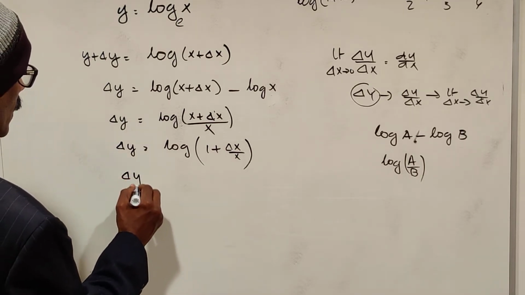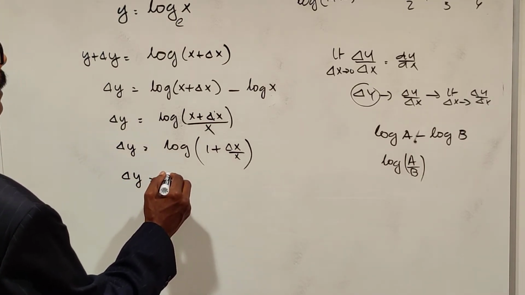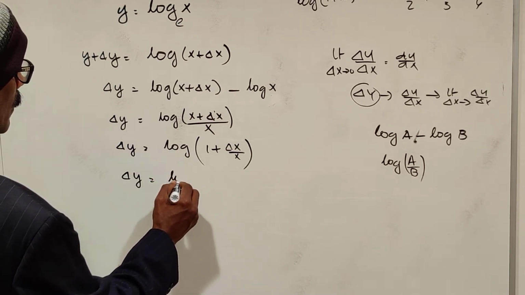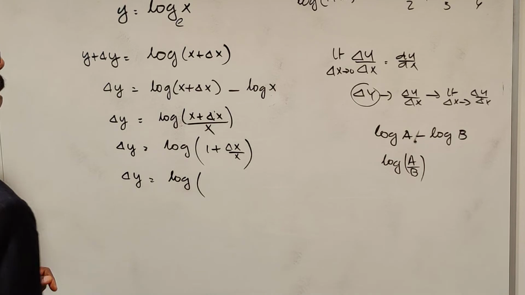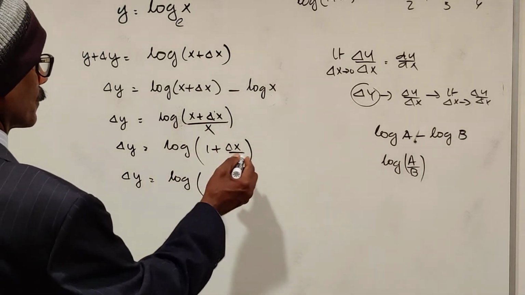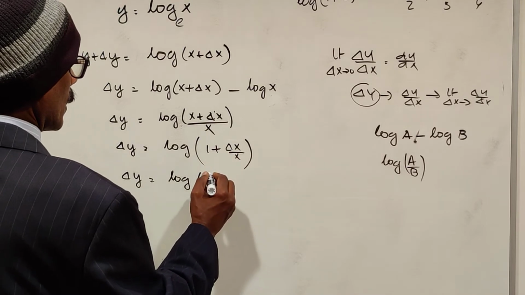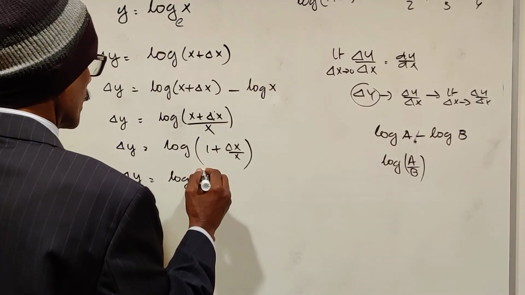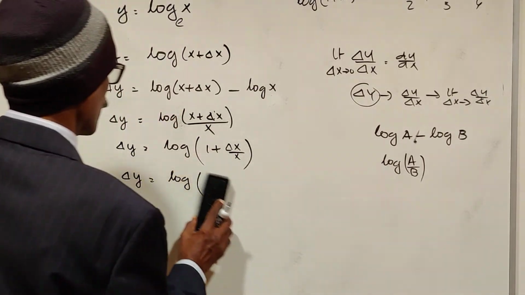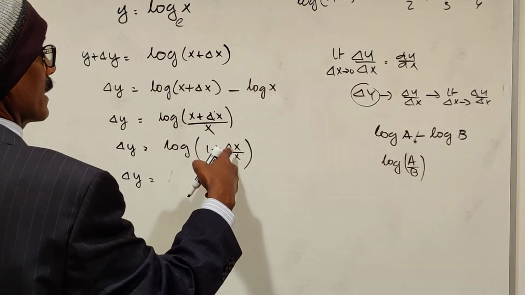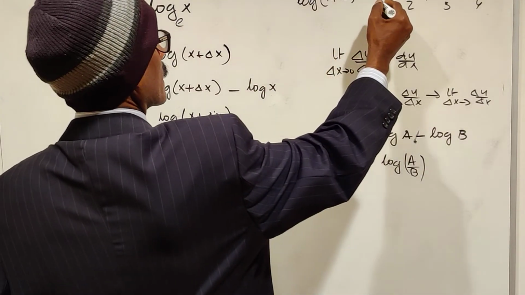Delta y equals log of 1 plus delta x by x. Just apply the formula. When you apply the formula, what do you get? x, what is x here? Delta x by x, first x.